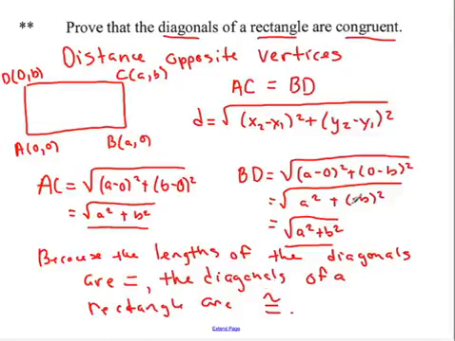It's really trying to state, here's what I found. These two terms are equal. This one here and this one here are equal. So that means I'm showing that the distances of the opposite vertices are congruent.